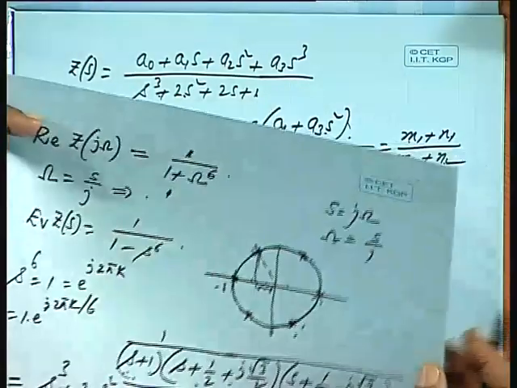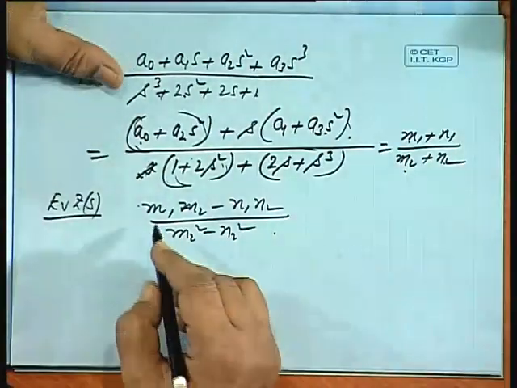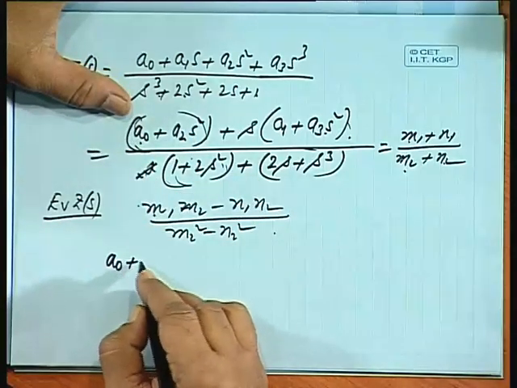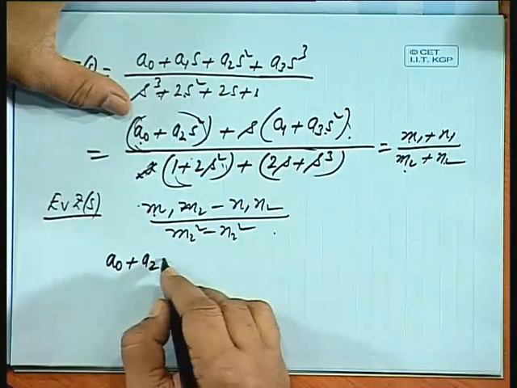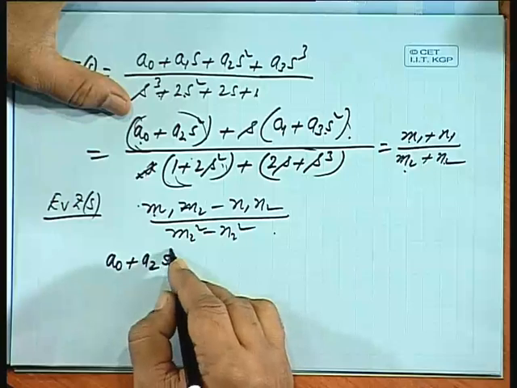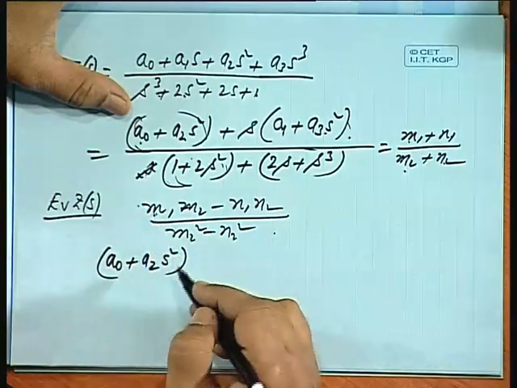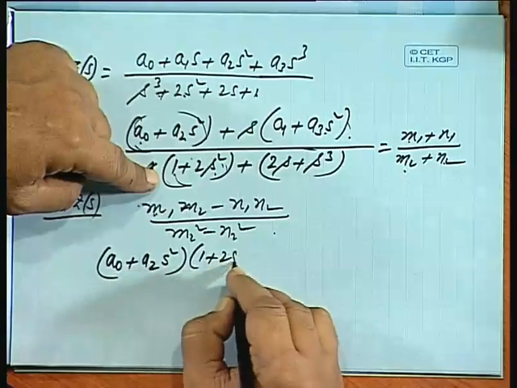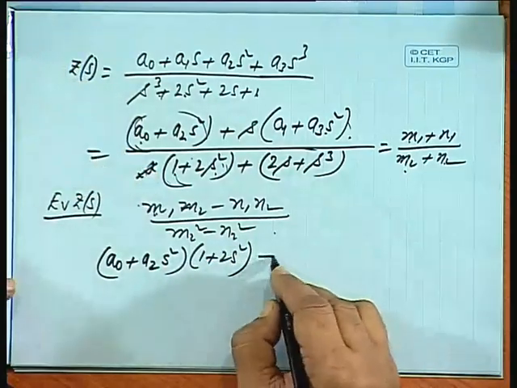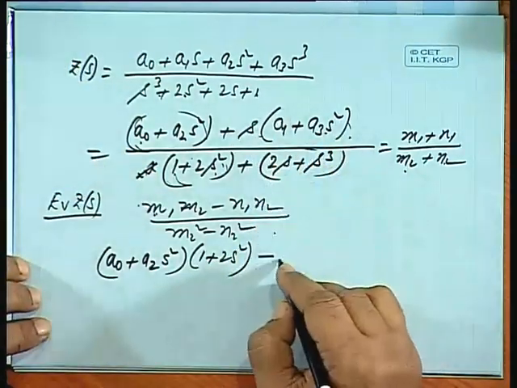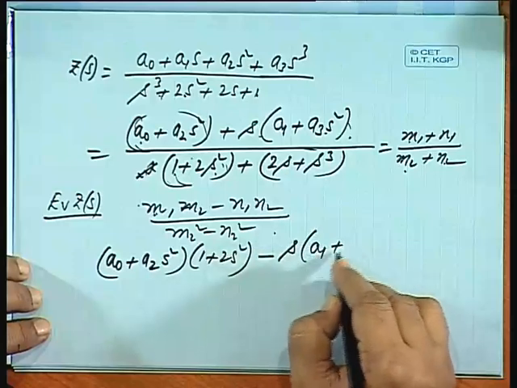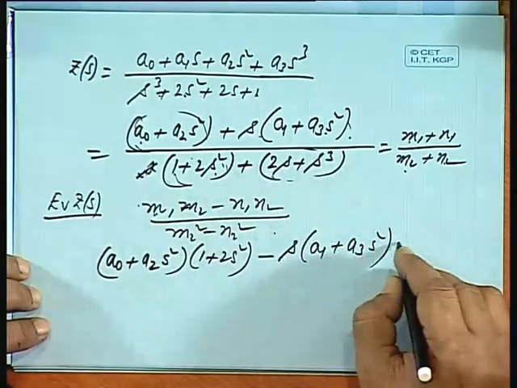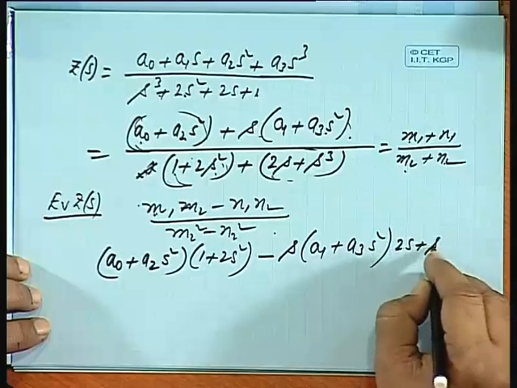So, try to match the numerator. Now, what is M1? This one: A0 plus A2 S squared. M1 into M2, 1 plus twice S square, minus N1, S into A1 plus A3 S squared, into N2, twice S plus S cubed.